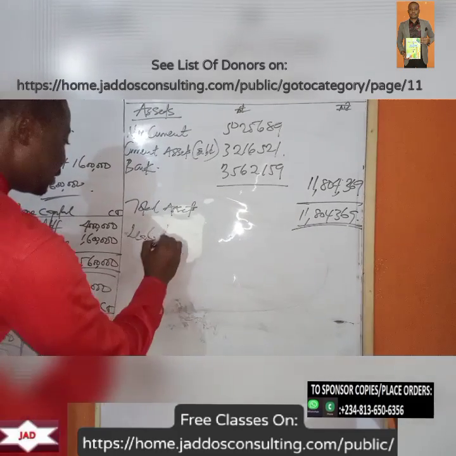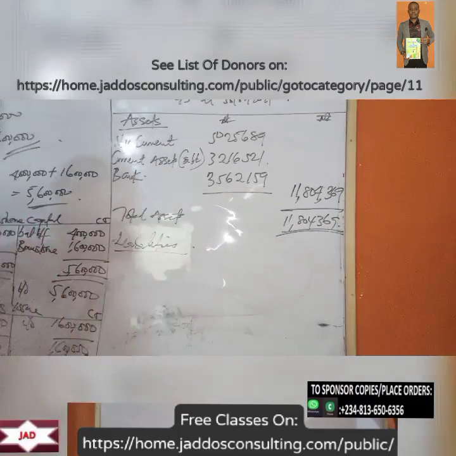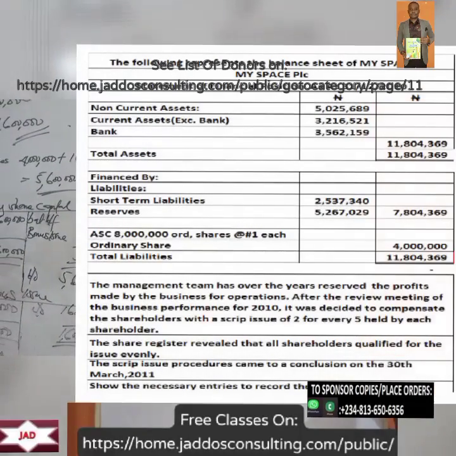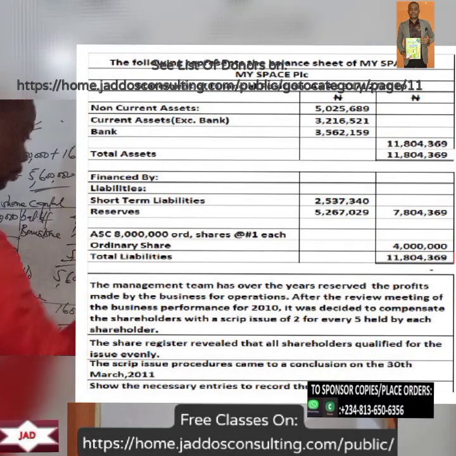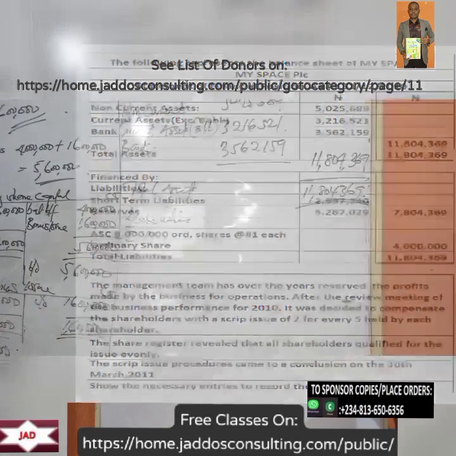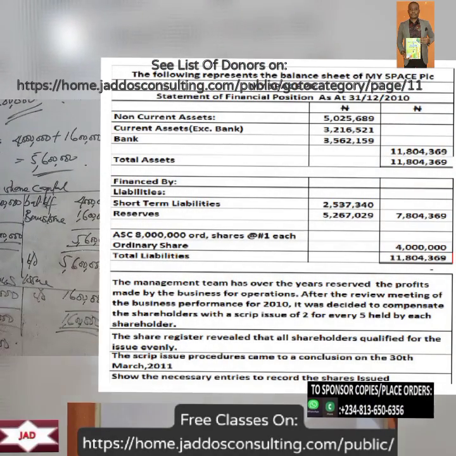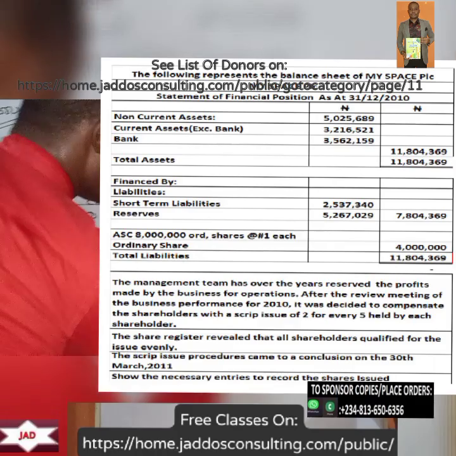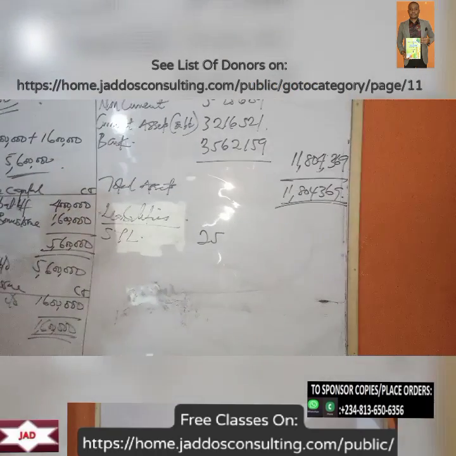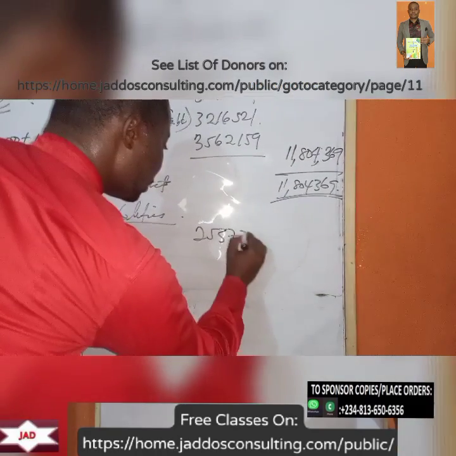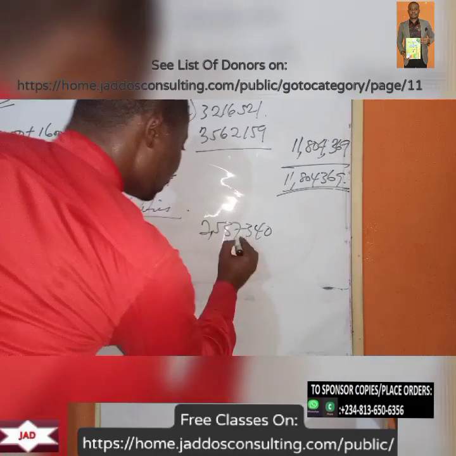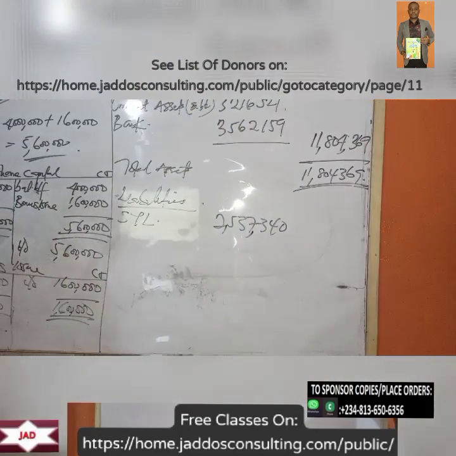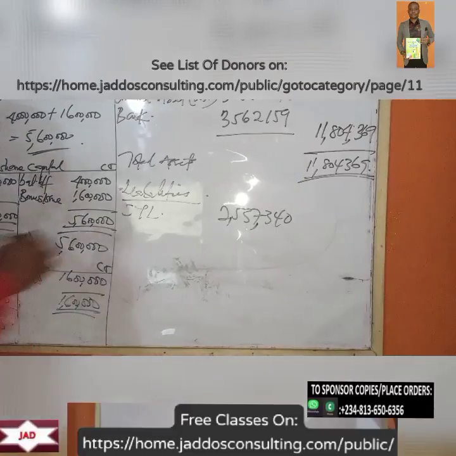So let's go now. We have our liabilities. Short-term liabilities there: 2537340. Then we have our reserve now.